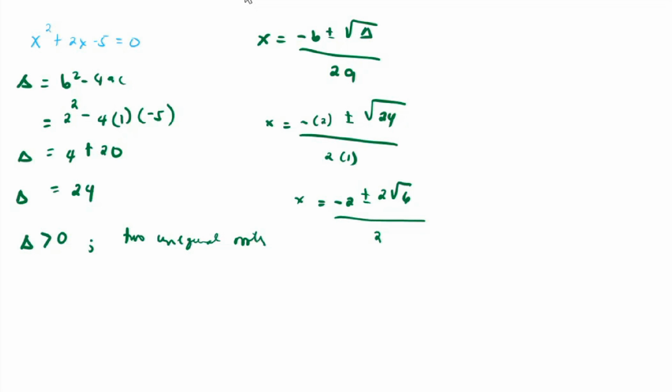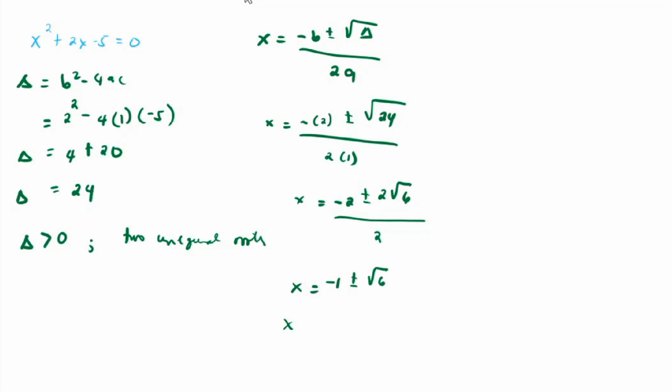Since they are common, this numerator is divisible by 2. So therefore, we can simplify that one. So we have now negative 2 divided by 2 is negative 1 plus and minus square root of 6, because 2 square root of 6 divided by 2, we can cancel the 2 there, so therefore we have only the square root of 6.